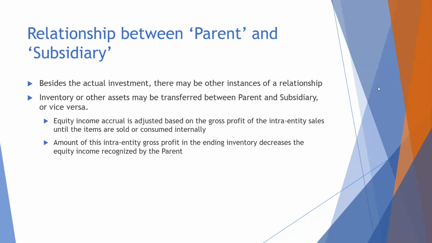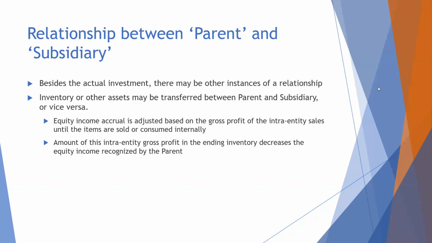For example, a company that makes computers may have an investment with a subsidiary company who produces the microchips. So then the subsidiary sells the microchips to the parent, and then the parent adjusts the basis of gross profit for that intra-entity sale once those computers are further sold.